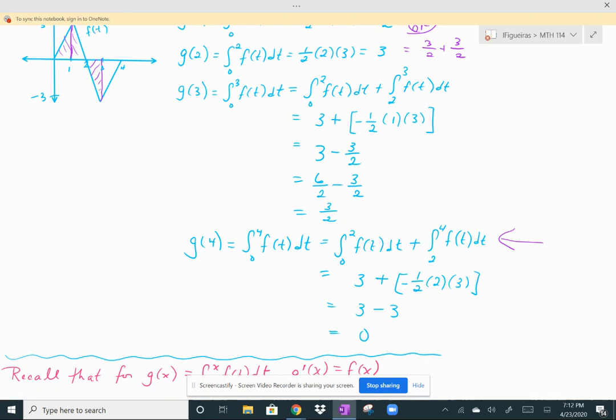And to compute the integral from 2 to 4, again, that entire second triangle is below the x-axis, so it is negative. So we force the negative right in here. So it's 1/2 base, which is 2 units, times height, which is 3. So that has a value of negative 3. So your net area from 0 to 4 is just 0, because the area above the x-axis and below the x-axis are the same, except one is positive and one is negative.